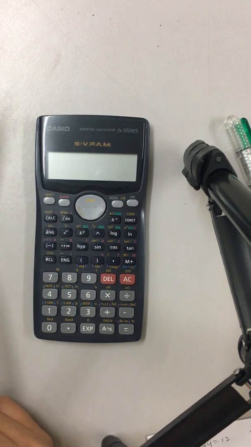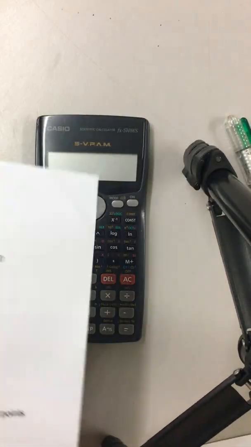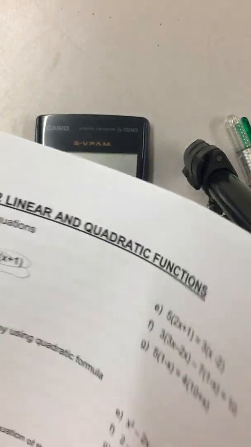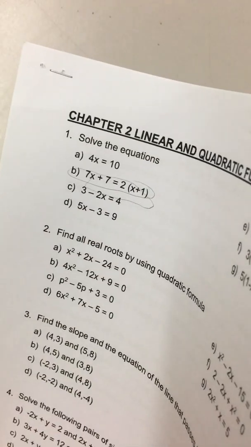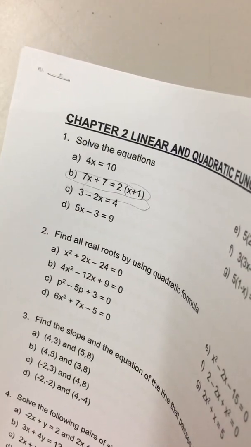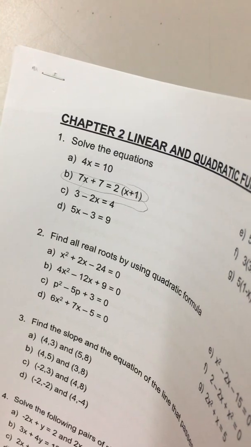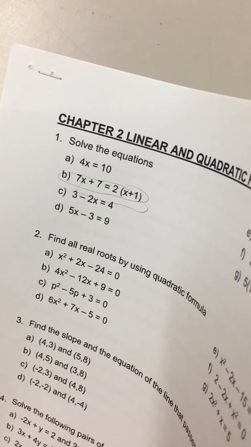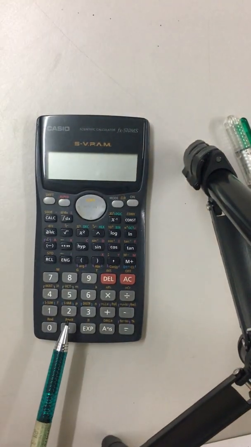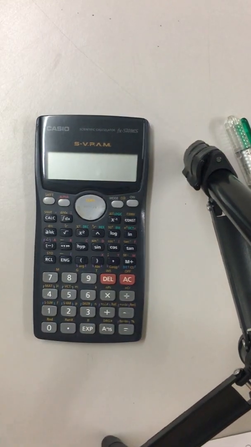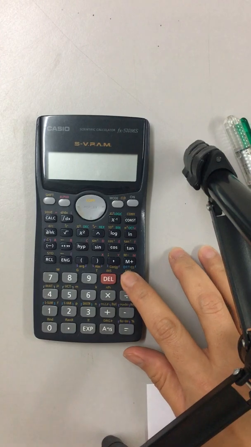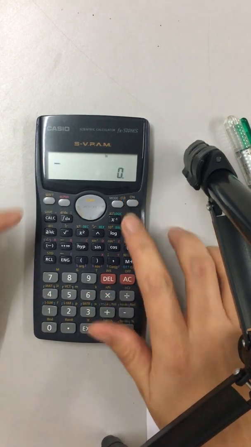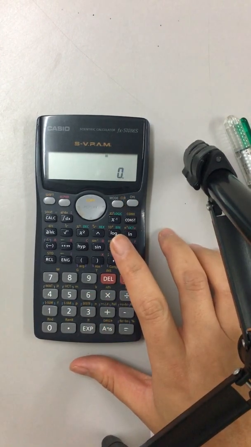I'll give you an example. Look at example number 2 here: 7x plus 7 equals 2 in the bracket of x plus 1. If you are using this kind of calculator, how can you find your x?